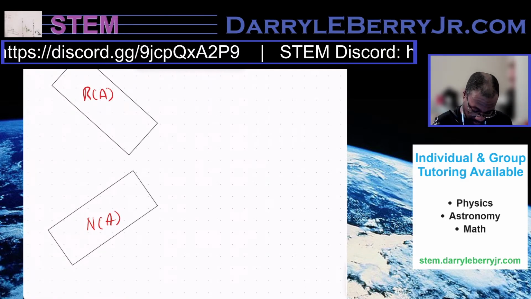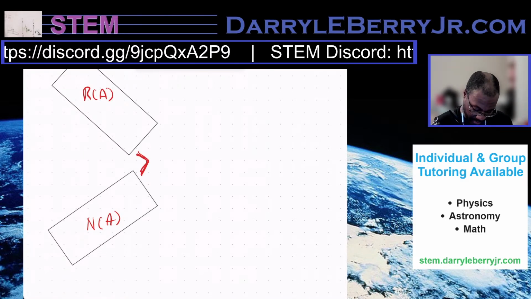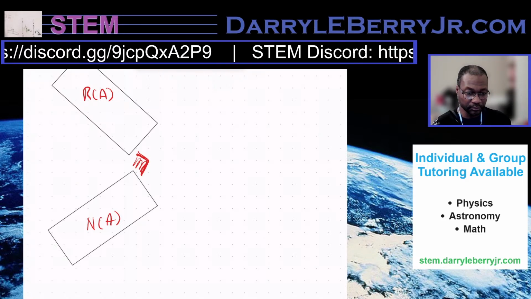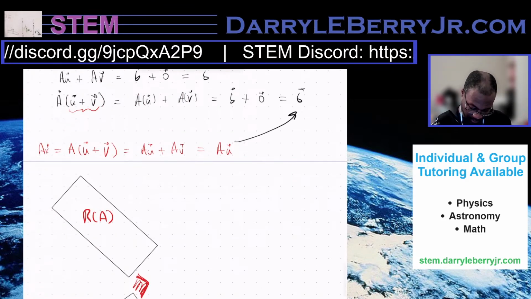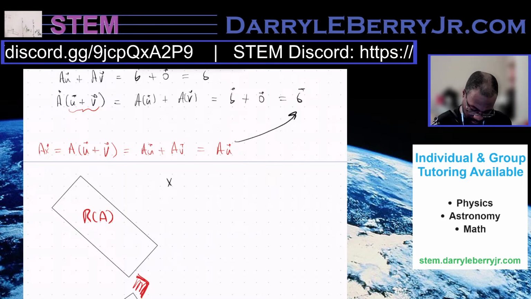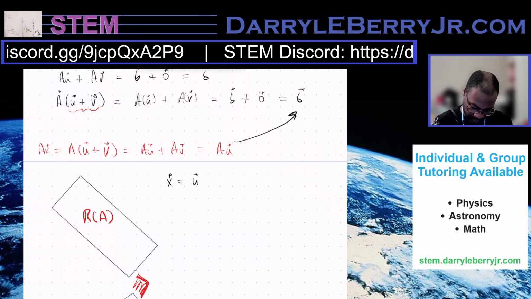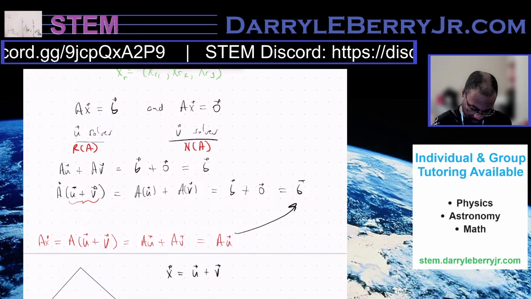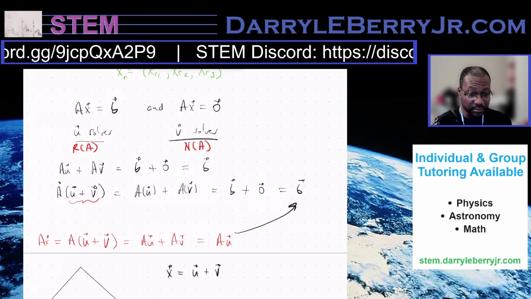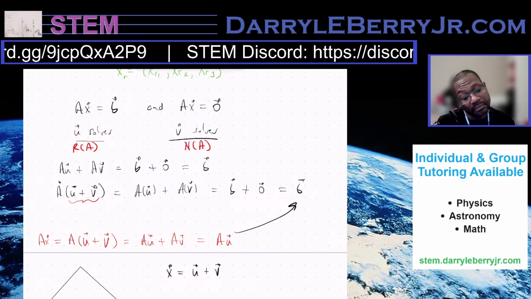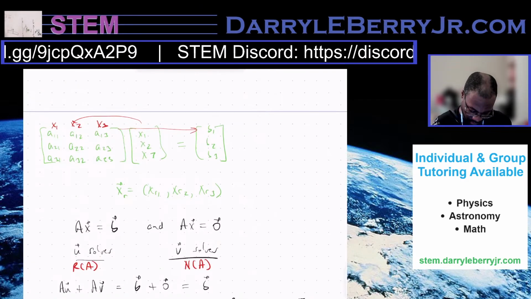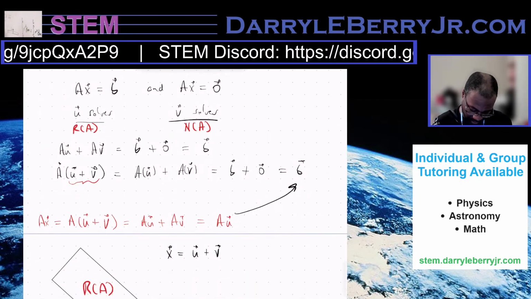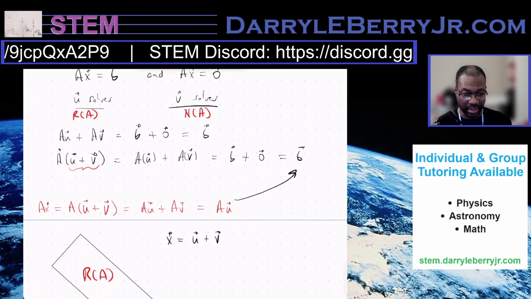And these two are supposed to be right angles to each other. So this would make x equals u plus v. X solving, well, maybe I should make a different symbol for x. But if we're considering the general solution that works.